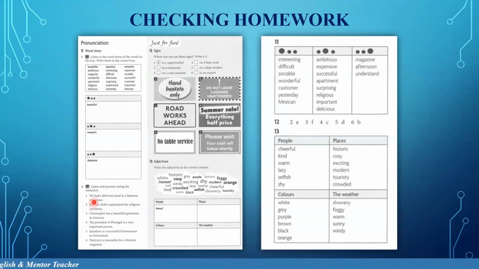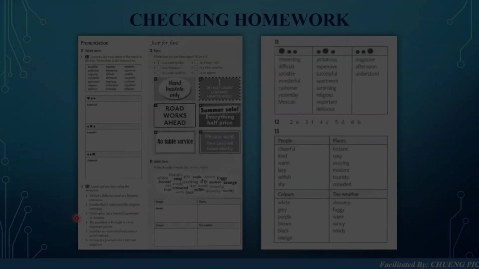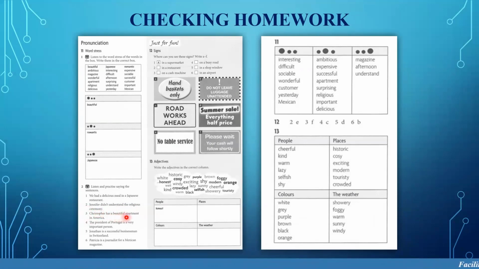Let's say them together. 1, we had a delicious meal in a Japanese restaurant. Jennifer didn't understand the religious ceremonies. Number 3, Christopher has a beautiful apartment in America. Number 4, the president of Portugal is a very important person.